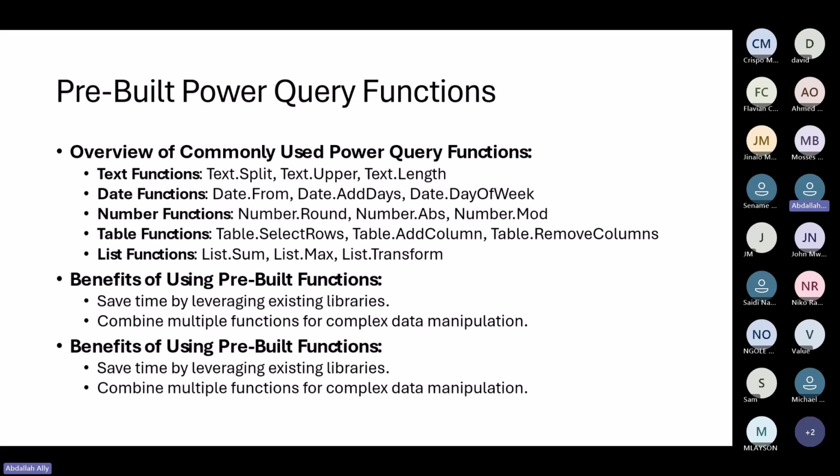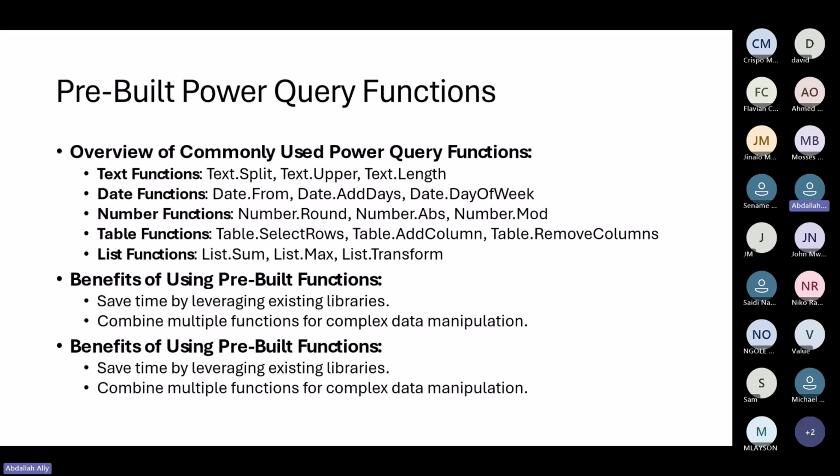All these are functions that come with Power Query. They are also called pre-built or inbuilt functions. And they have a key benefit: they save time. Instead of designing a function from scratch, you use one which is already given to you by Microsoft. So it's time saving using the built-in functions.